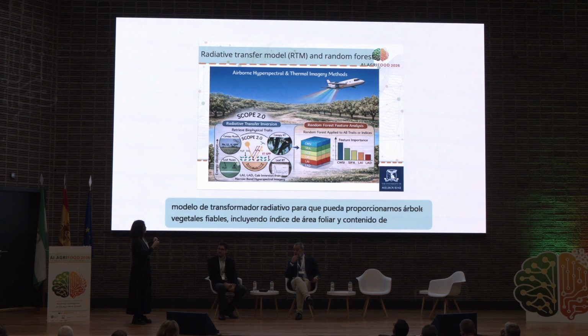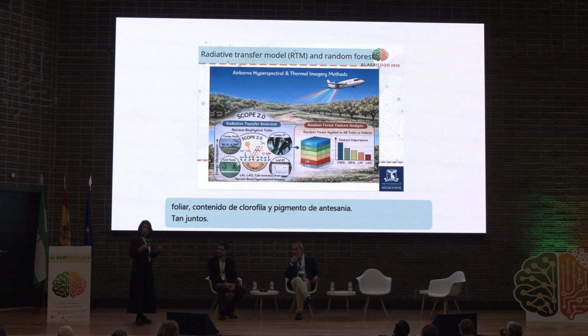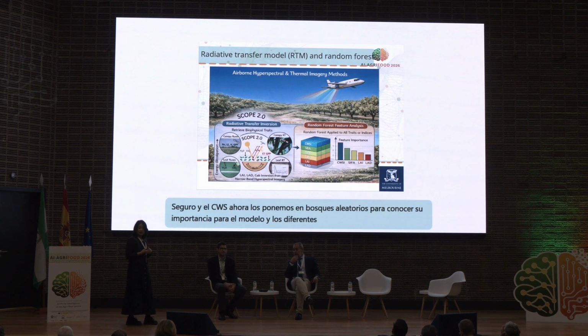So together with SIF and the CWSI, we put them in random forests so we can know their importance to the model at the different water stress stages. Then we have a better understanding of plant response by considering physiological and biophysical aspects.